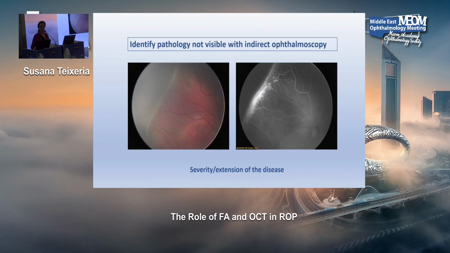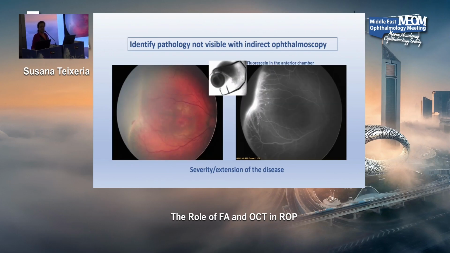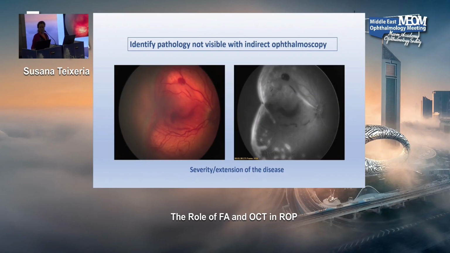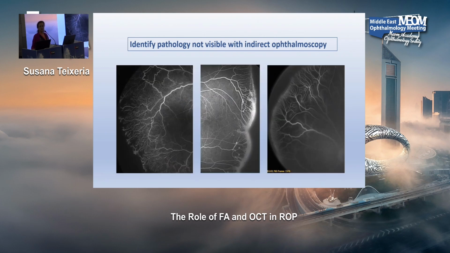You can see the stage and localize precisely the stage and the severity of the lesion. As you can see here, you have much more severity. Of course, you can say that with this image, but angiography adds much more to your sight.